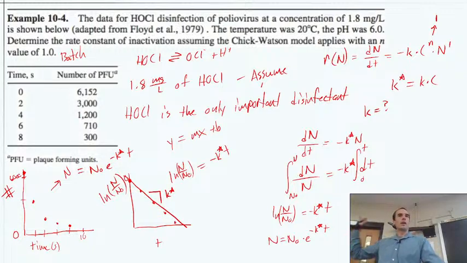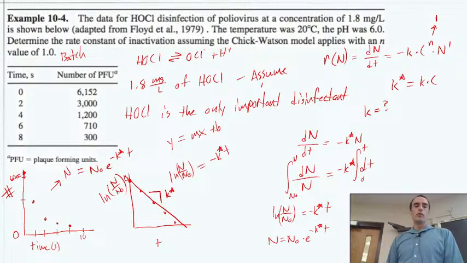How many of you were getting there? Anybody kind of see that you needed to get to the linearization? Okay, great. So then we can take the k star, find what that equals, and then divide that by the 1.8 milligrams per liter to put it back into this equation to find the k, right?